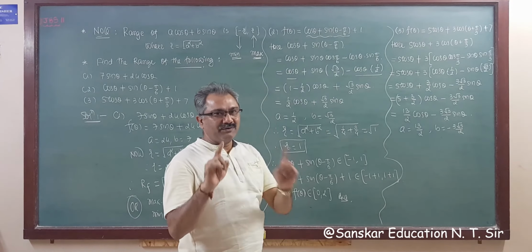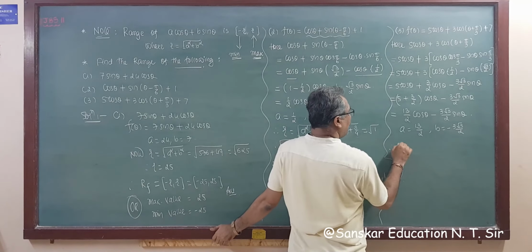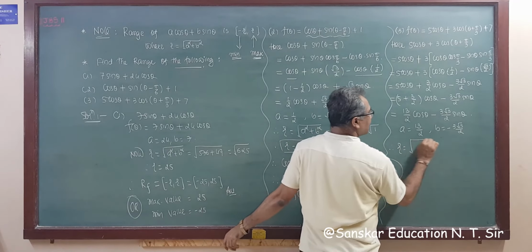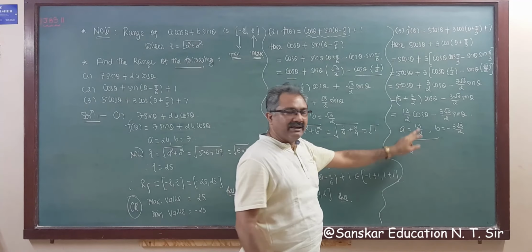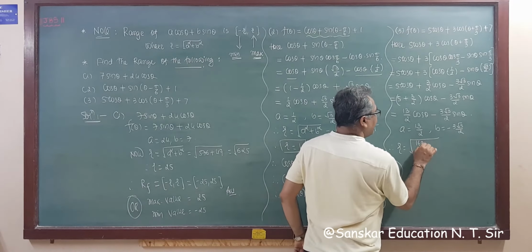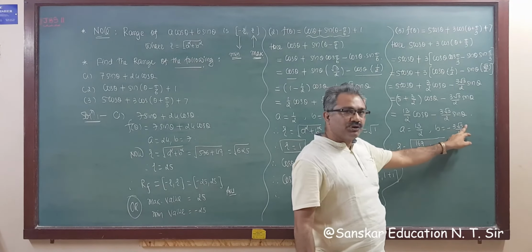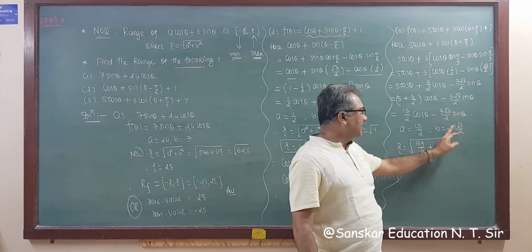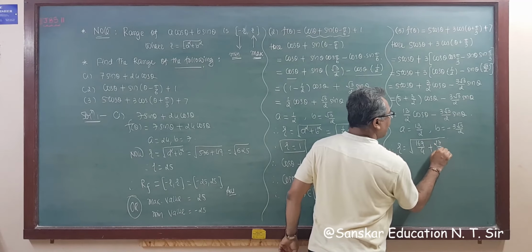Right? So now the next target is R. So R is equal to under root A square plus B square. But I am not writing it because the formula is here. So directly 169 divided by 4 plus, minus becomes plus because we are squaring, root 3 square 3 into 9, 27 by 4.